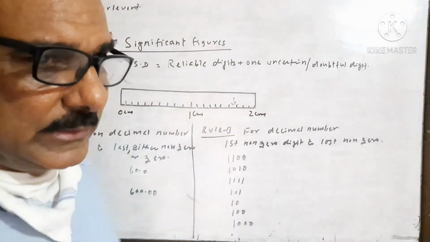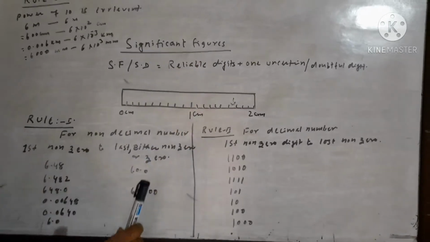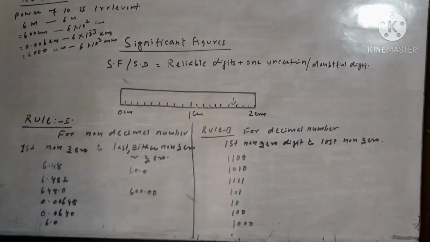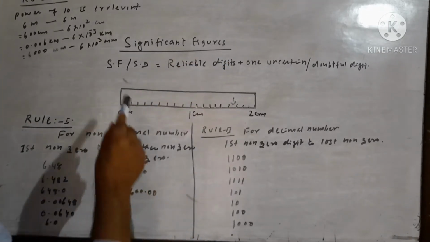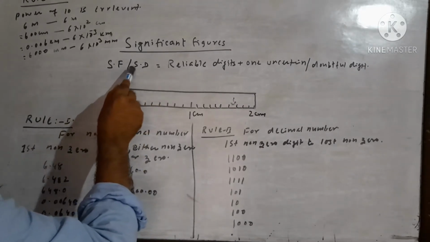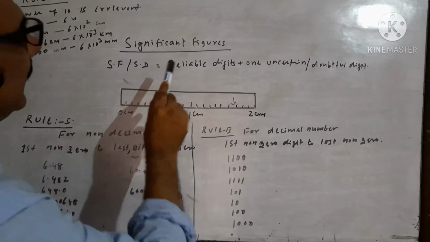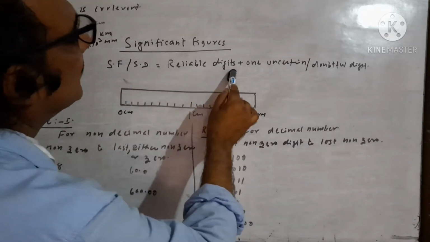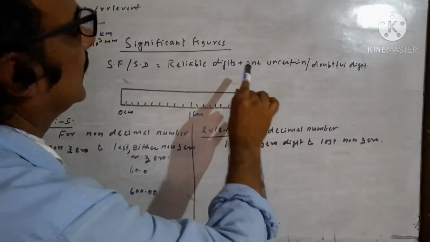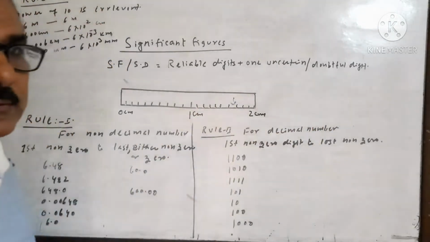So now, coming to the point: today's topic is significant figure, also known as significant digit. In brief, a significant figure is numerically equal to the reliable digits plus one uncertain or doubtful digit.